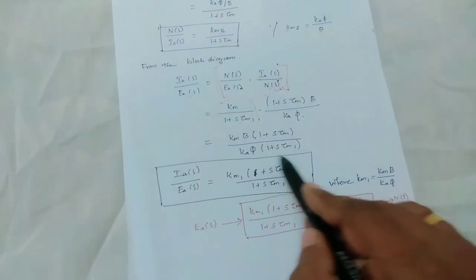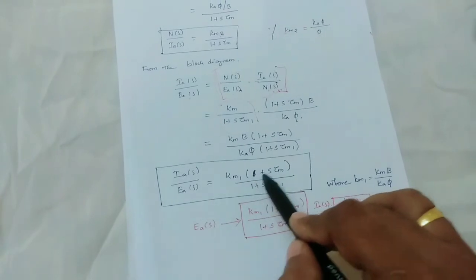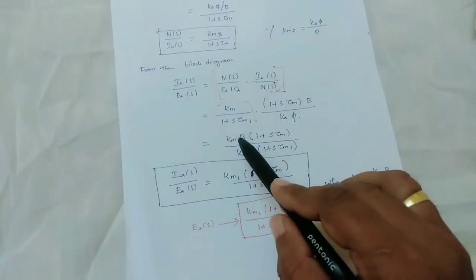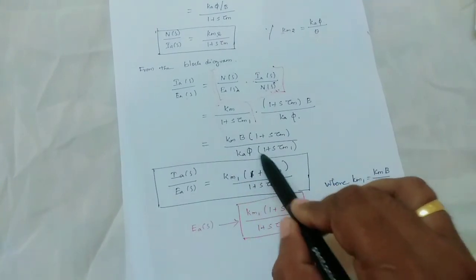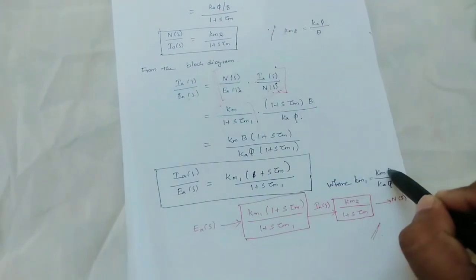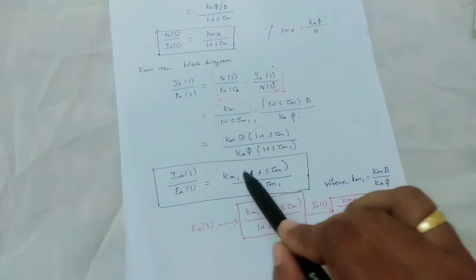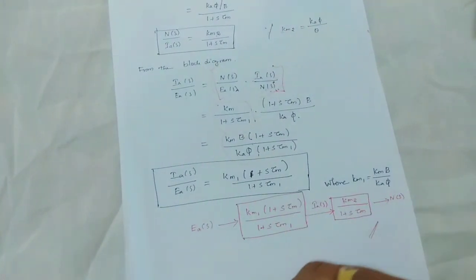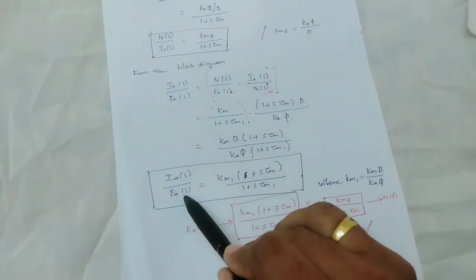From this equation we simplify: Kmb divided by Ka pi, this entire term, will be taken as Km1, so we have Km1 into 1 plus s tau m divided by 1 plus s tau m1. So now we know Ia of s divided by Ea of s.